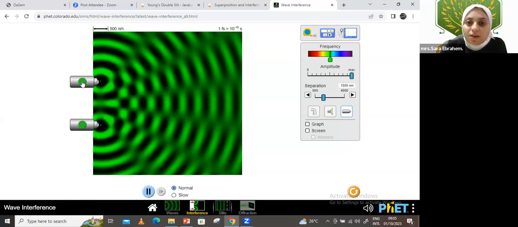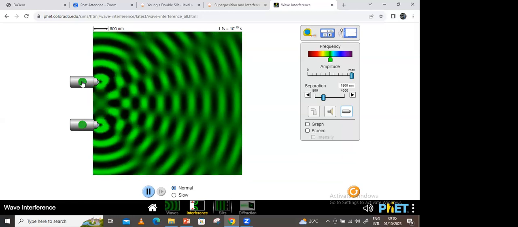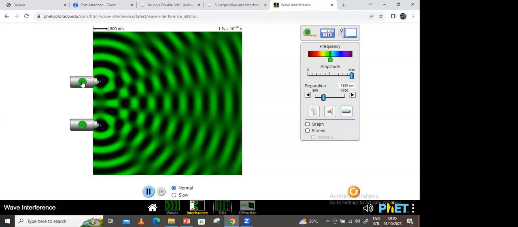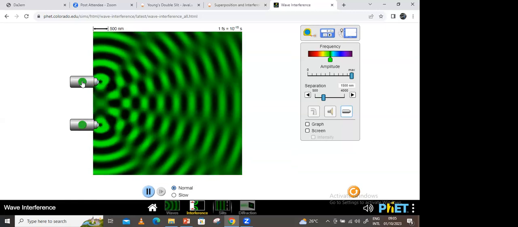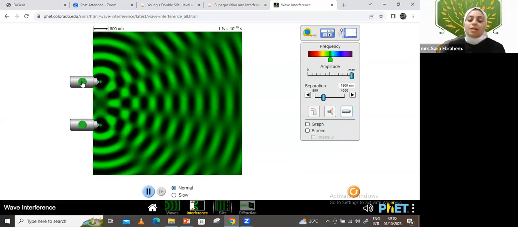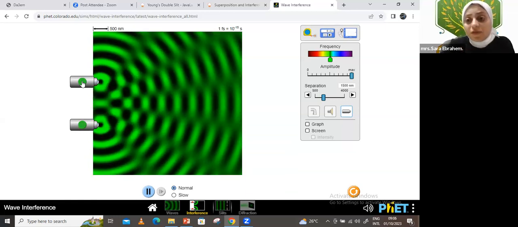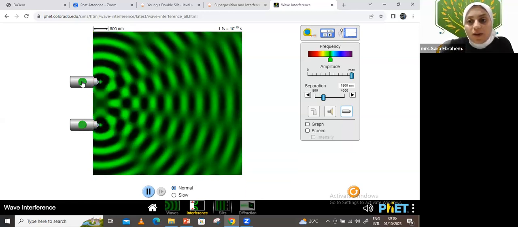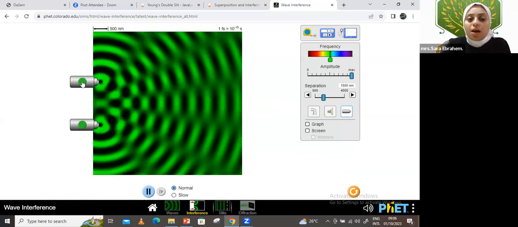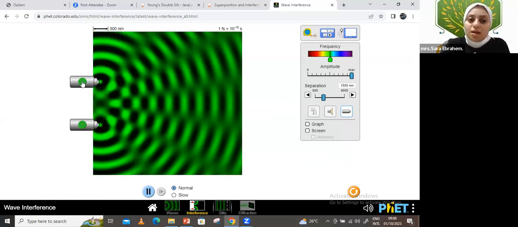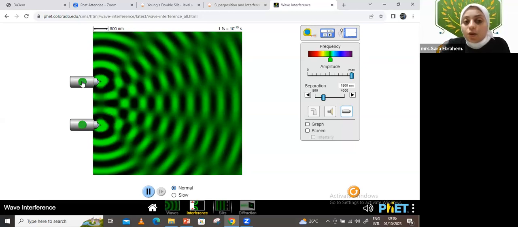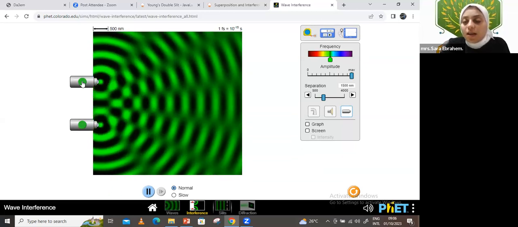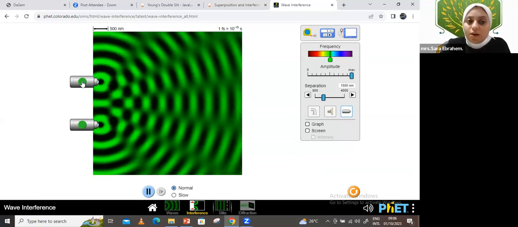They push off each other, they repel each other. Now two waves combined together, that's called light interference.